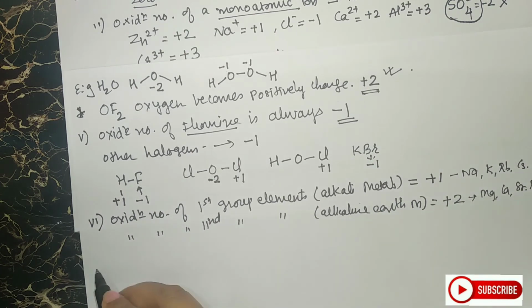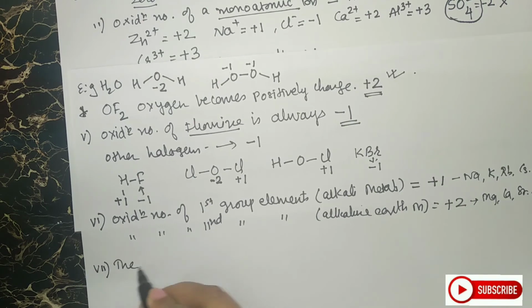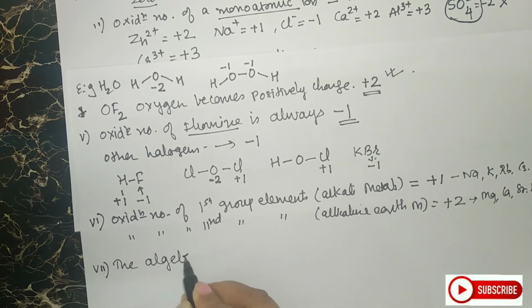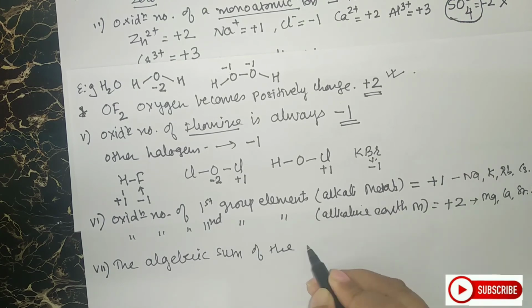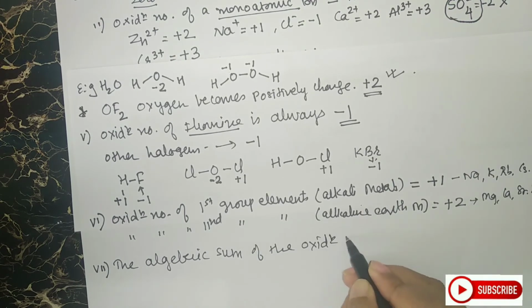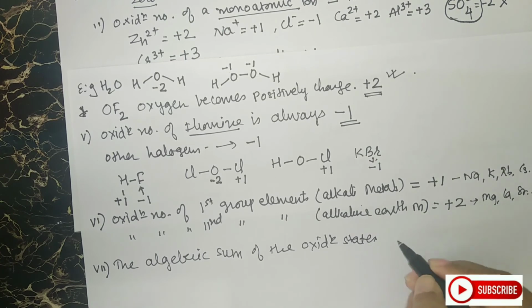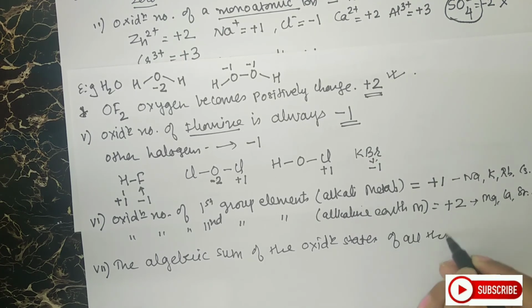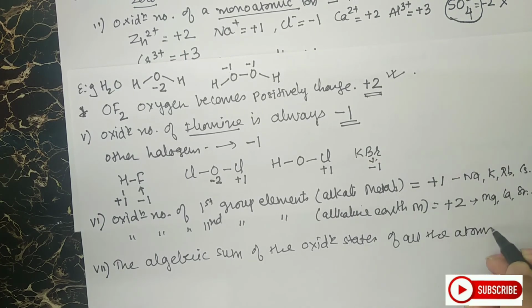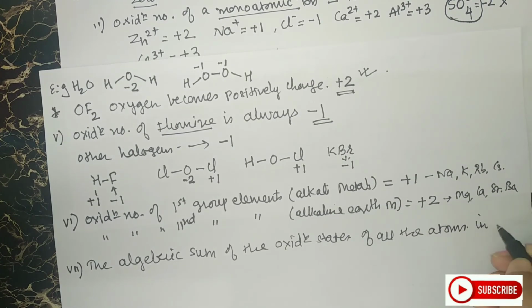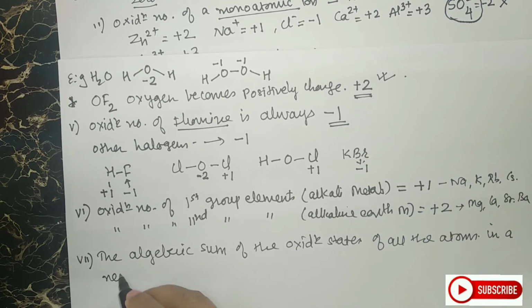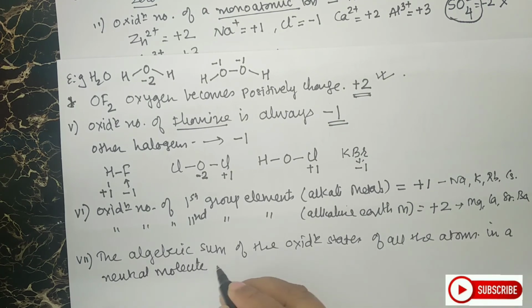The last but very important rule is that the algebraic sum of the oxidation states of all the atoms in a neutral molecule is 0.